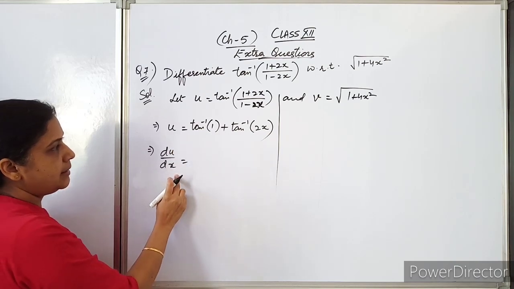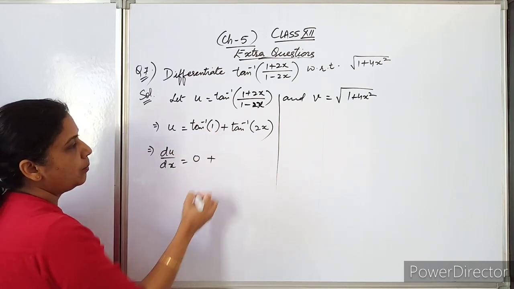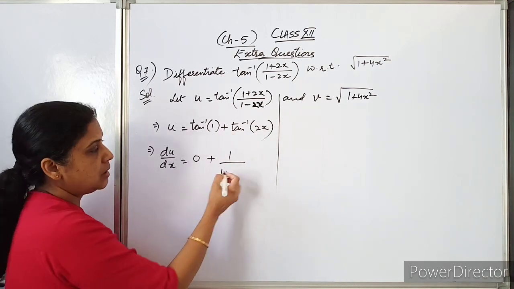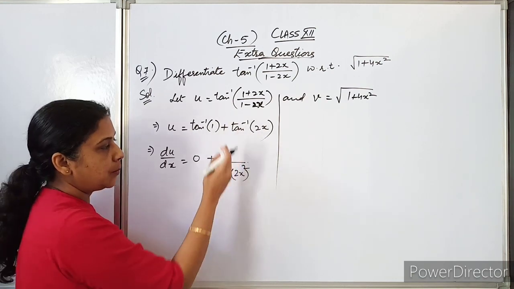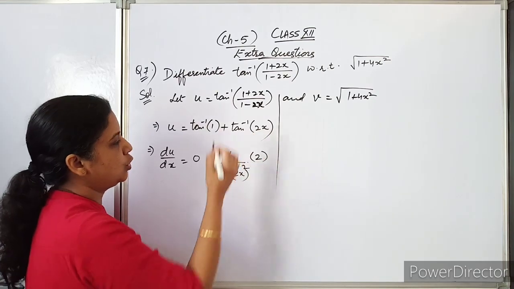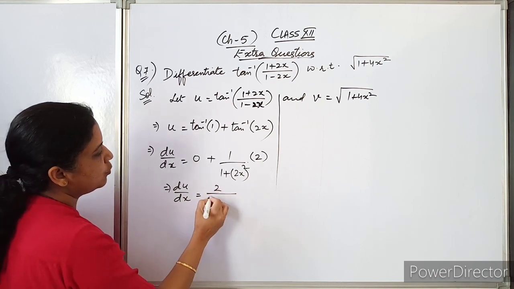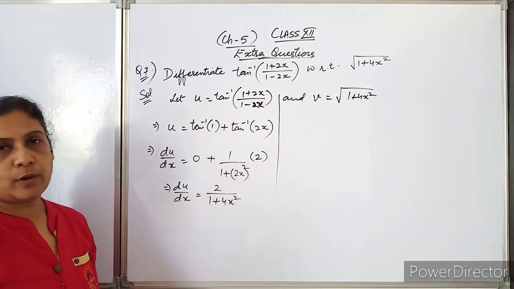So du by dx is equal to tan inverse 1 is a constant, derivative is 0, plus tan inverse theta, derivative is 1 upon 1 plus theta square. In place of theta, we are working with 2x. So it is 1 upon 1 plus 2x whole square into derivative of 2x, that is 2. So when we simplify du by dx, it comes out to be 2 divided by 1 plus 4x square.